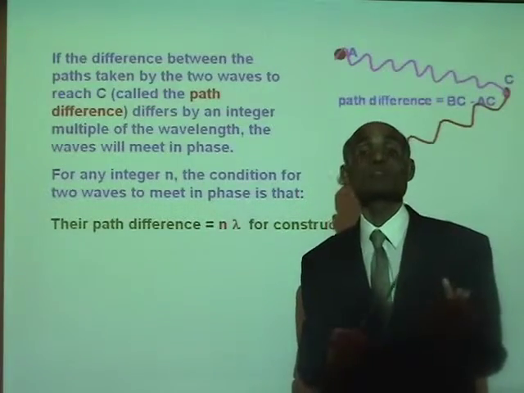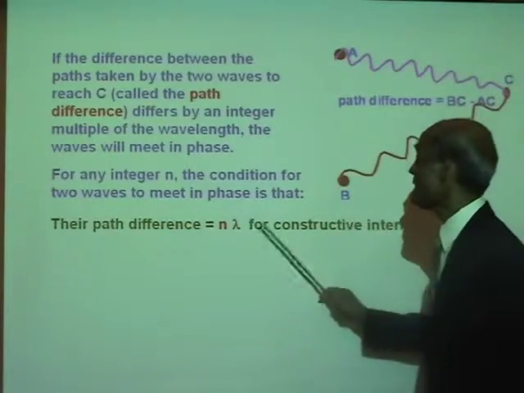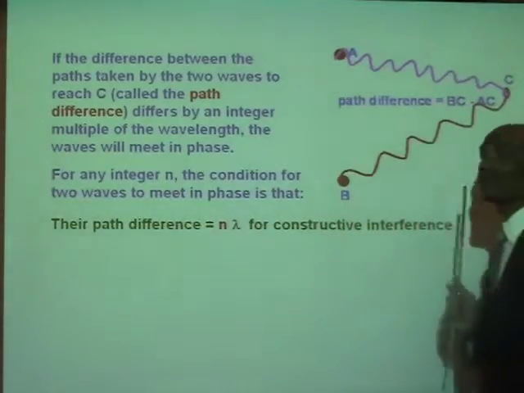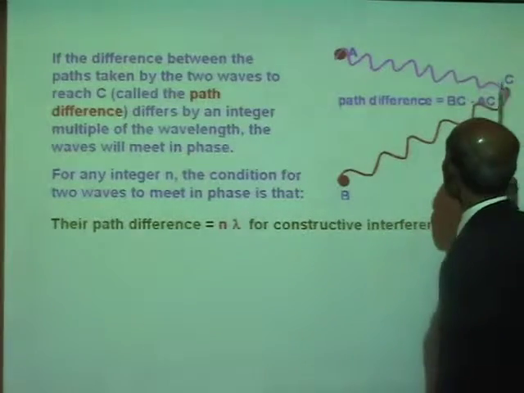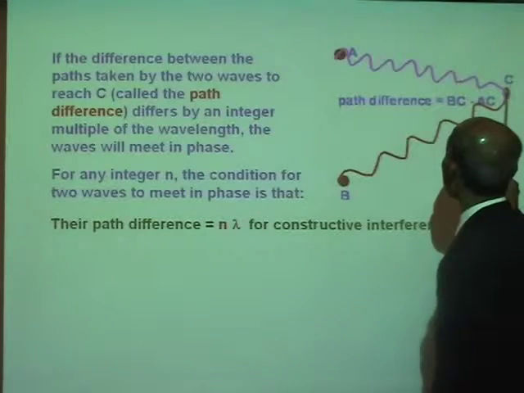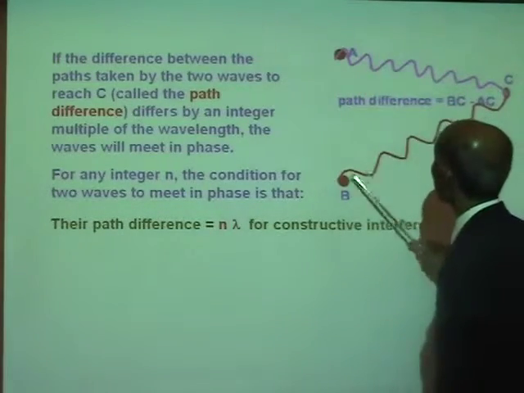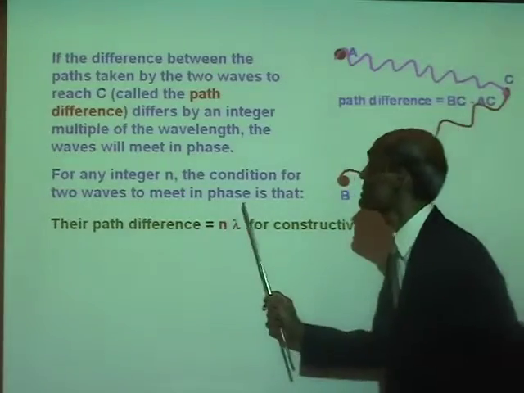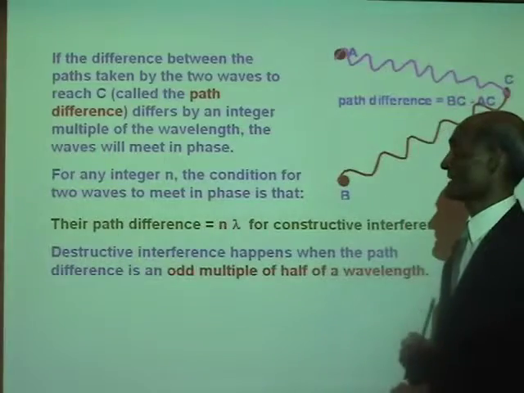It can be 1, 2, 3, 4, 5, 6, and so on. Then constructive interference will happen. So once again, the condition for constructive interference to happen at C is that the path difference between waves coming from the two sources must be an integer multiple of the wavelength.